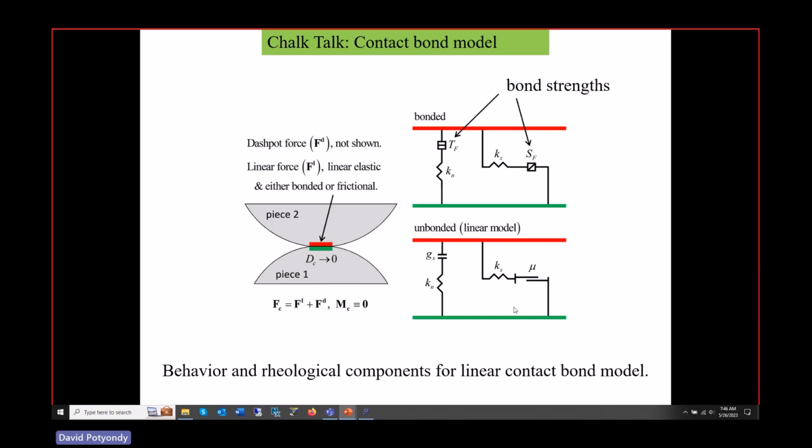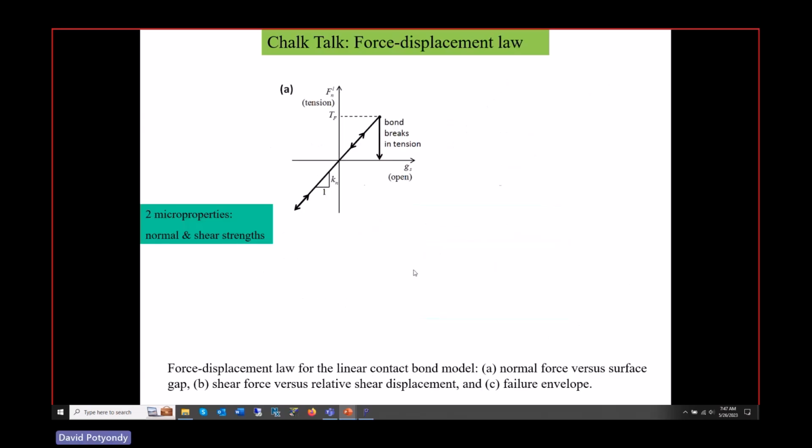So that model has the linear model parameters, but it also has two additional parameters, which are tensile strength and shear strength. That's why we call this the linear contact bond model, because when the bond breaks, it's exactly the same as the linear model. Looking at this, notice normal force, normal displacement.